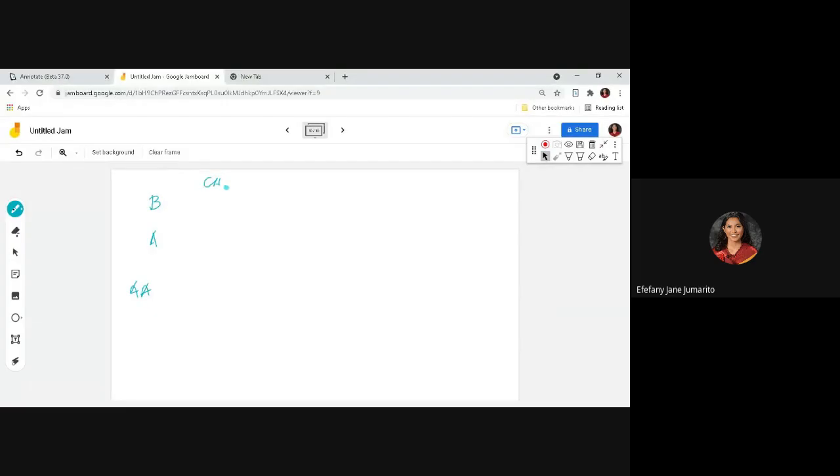So again, we will use the table, before and after addition. So we have CH3COOH. Then you add an acid. Since you add an acid, this one will be minus.